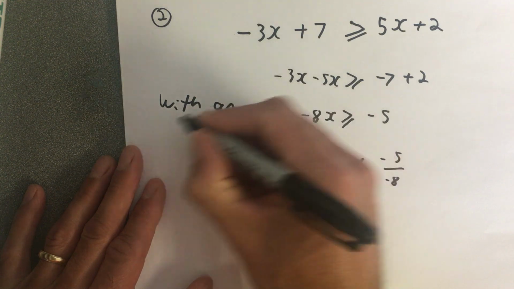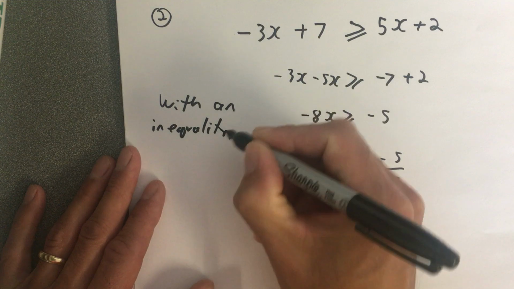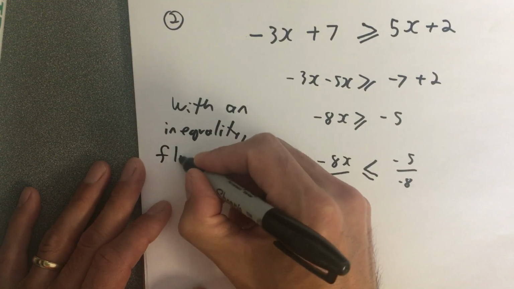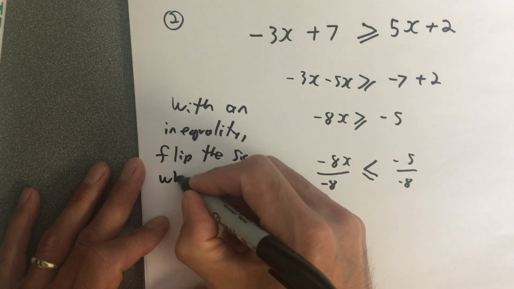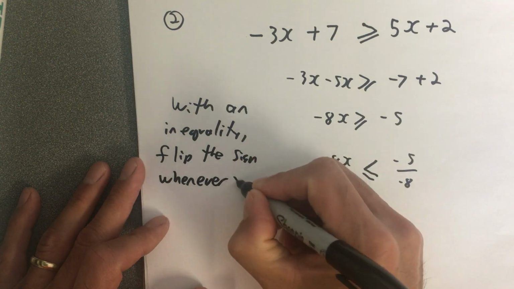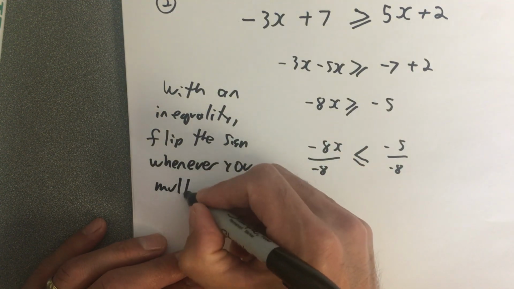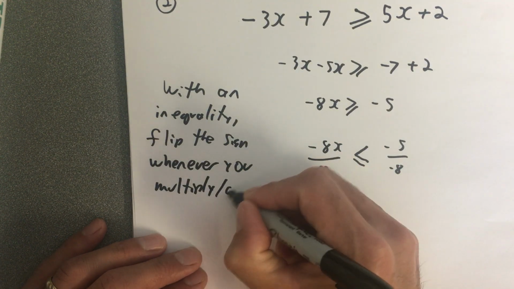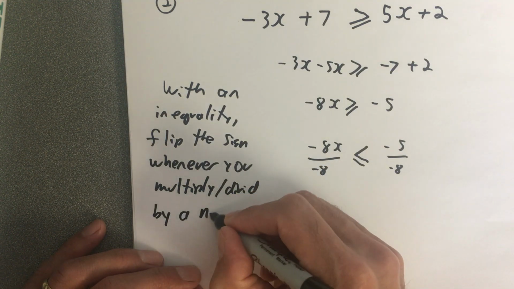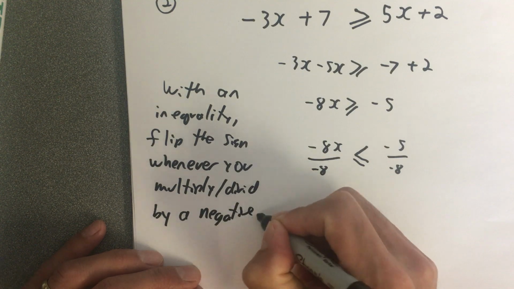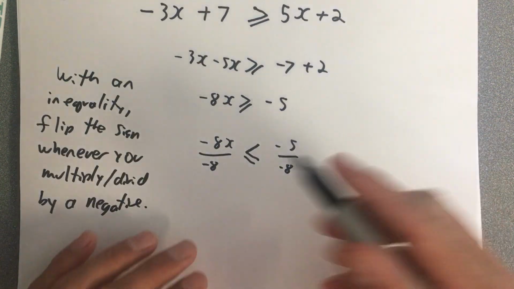With an inequality, flip the sign whenever you multiply or divide by a negative. So here, when I divide by a negative, I flip the inequality.